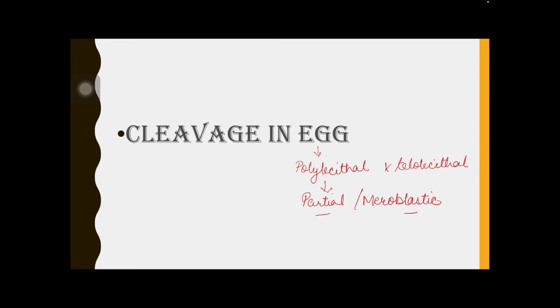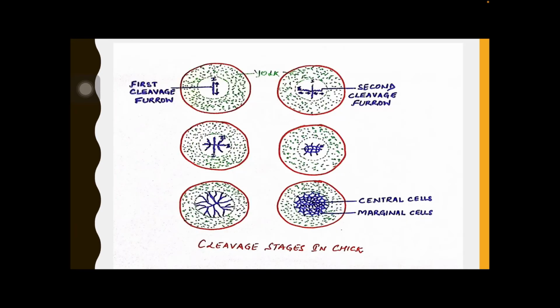This cleavage starts in fowl immediately after fertilization and continues for around 12 to 16 hours, as the egg passes down the oviduct, and it is always partial or meroblastic. Right. So let's start with the different cleavage stages.